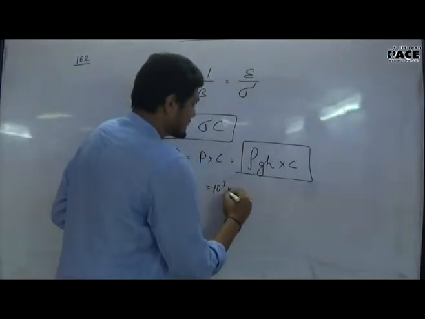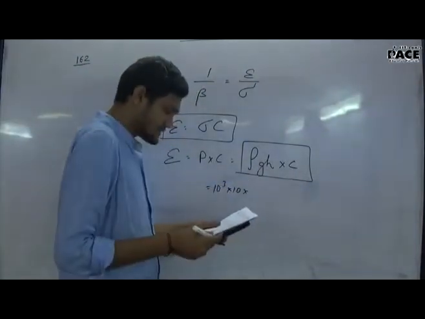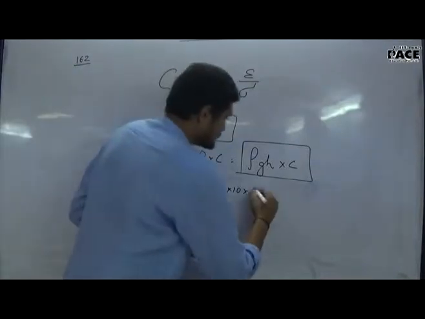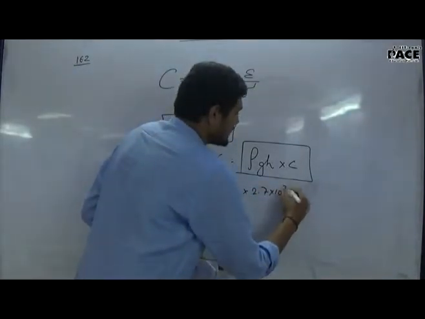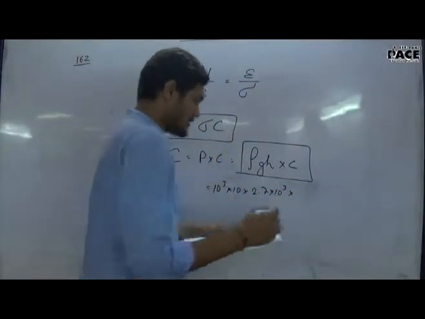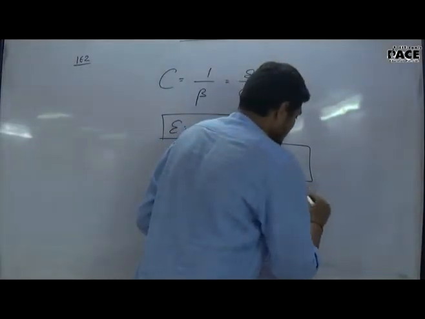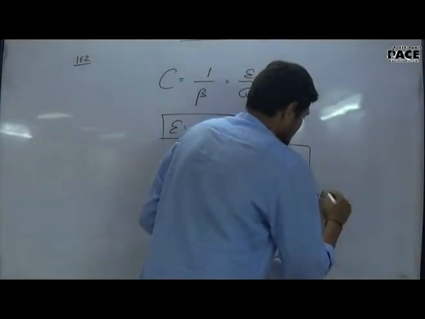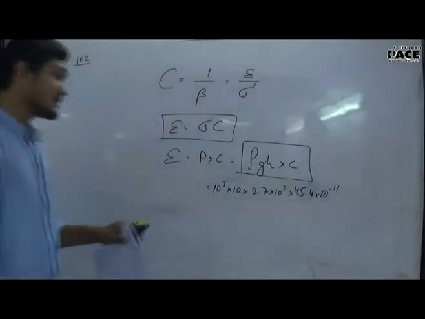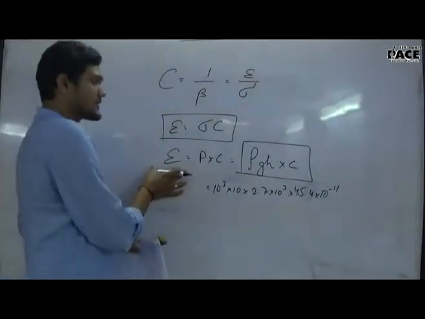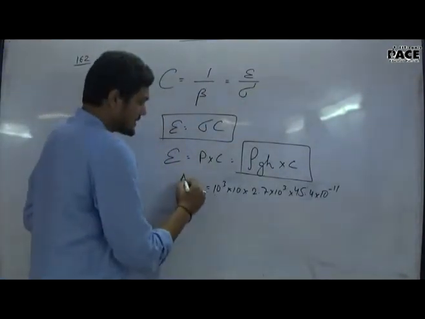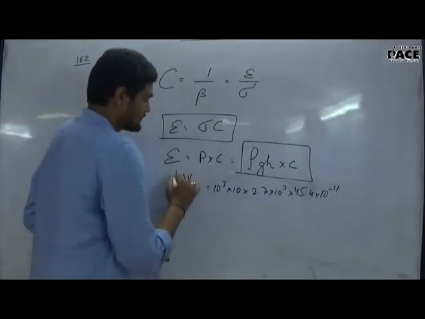10 raised to 3 into 10 into the height, 2.7 into 10 raised to 3, into compressibility, 45.4 into 10 raised to minus 11. What is the strain? The strain is nothing but the change in volume upon the original volume.